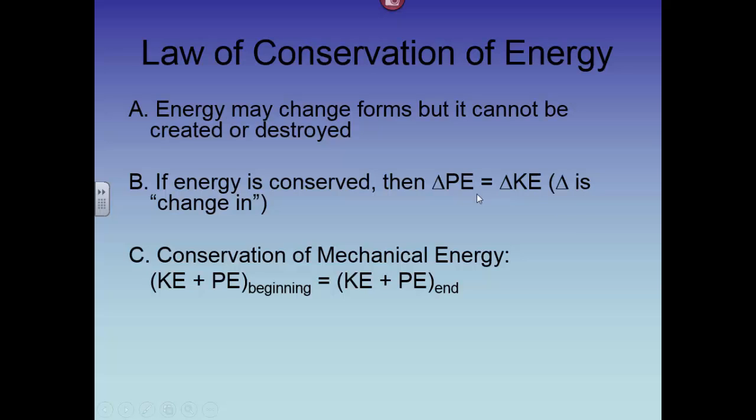So whatever kinetic energy and potential energy we have to start with, we have to end the roller coaster with that same amount of kinetic and that same amount of potential energy. Or at least I should say the total of those two things together should be the same as the total of these two things together. We can't lose energy. Energy has to be conserved.